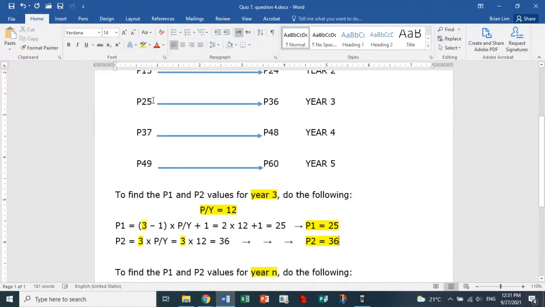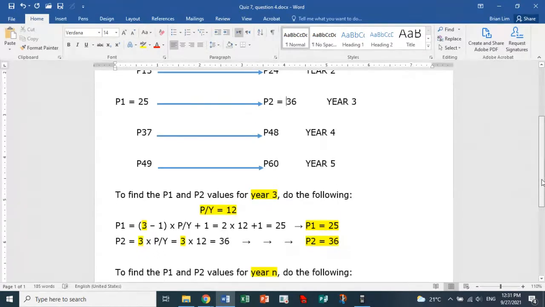So that's how it goes. P1 would be 25. So in this case, we can easily put P1 is equal to 25. And now we would have that P2 would be equal to 36, and that would be year 3.